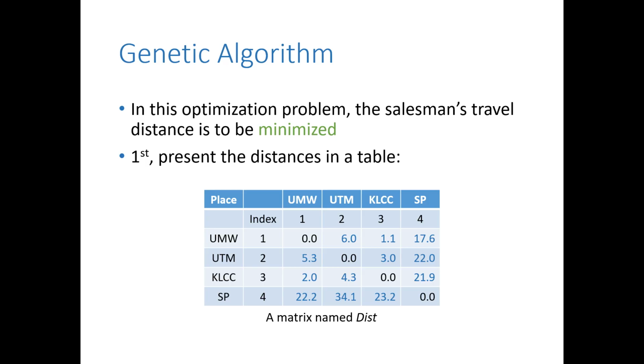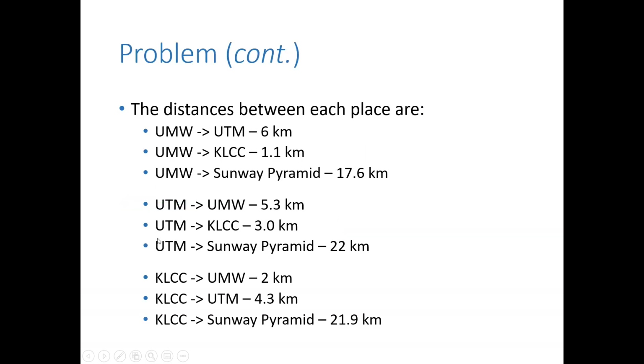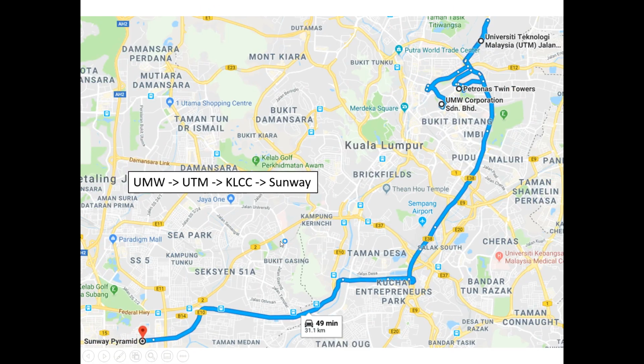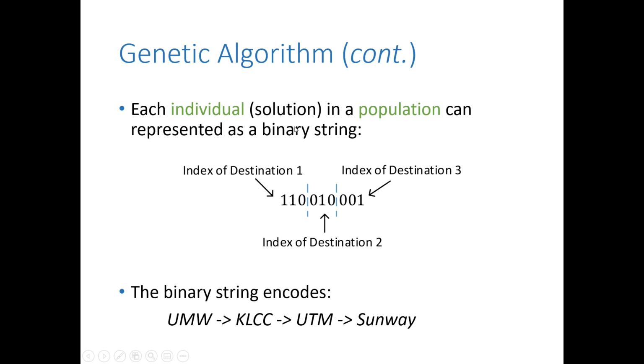So in this optimization problem, the salesman's travel distance is to be minimized. First, present the distances in a table. So you can put these distances in a table. This is how it looks. In our code, I have this matrix called dist, and each individual in a population can be represented as a binary string.